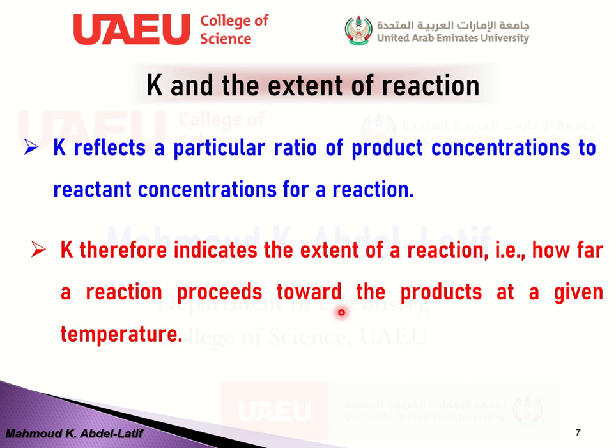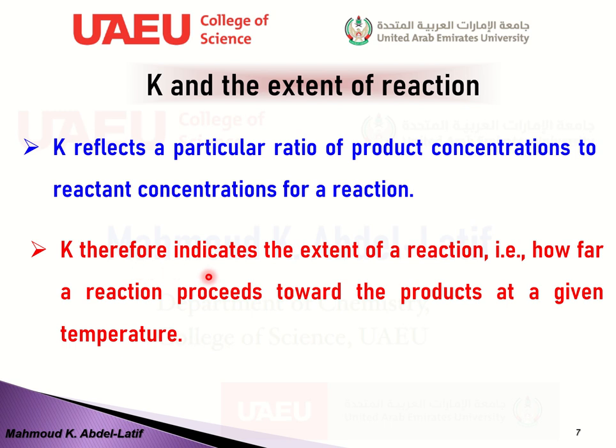Let us talk about K and the extent of the reaction. K reflects a particular ratio of product concentration to reactant concentration, so from the value of K you can get information about the concentration of the product with respect to the reactant.